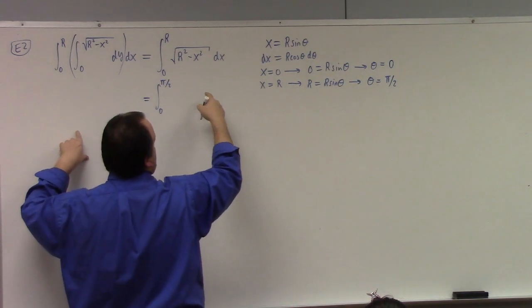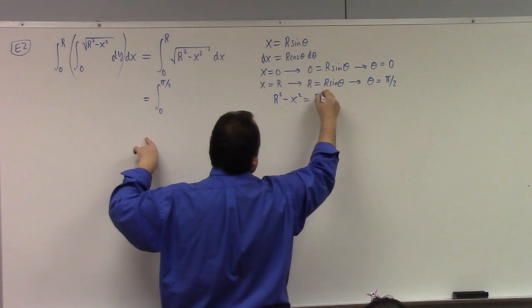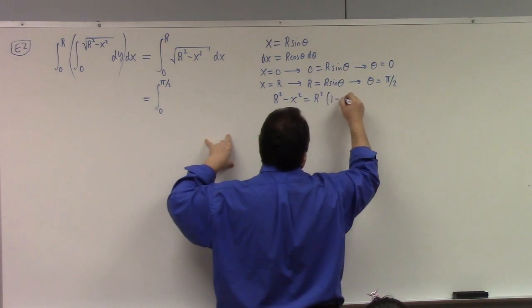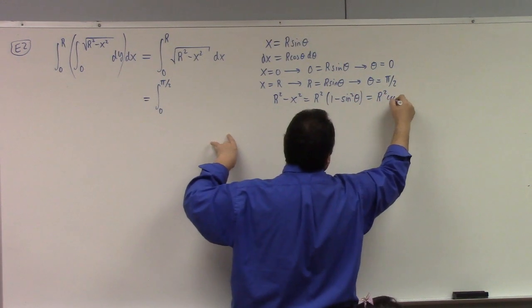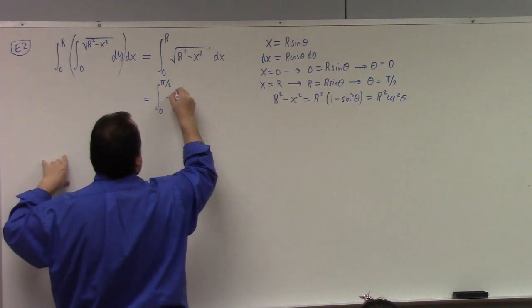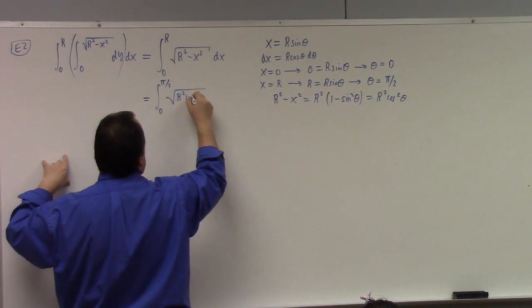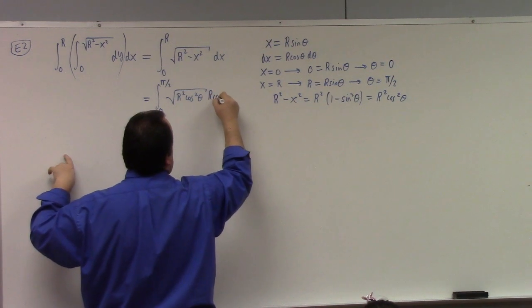The square root of r squared minus x squared is equal to what? It's equal to r squared times 1 minus sine squared theta, also known as r squared cosine squared theta. So that gives me the square root of r squared cosine squared theta. My dx, remember, was r cos theta d theta.